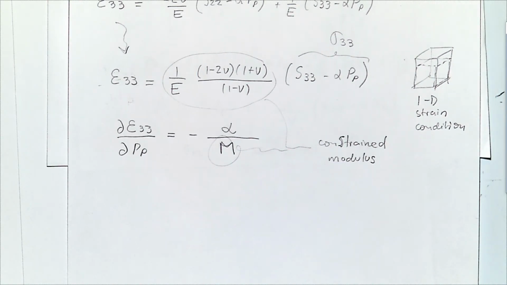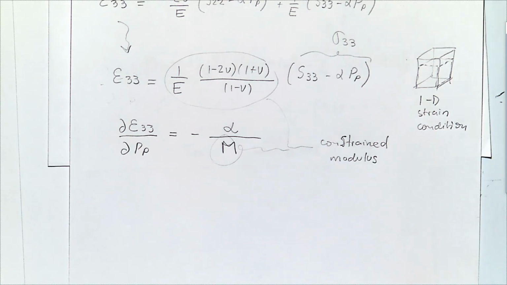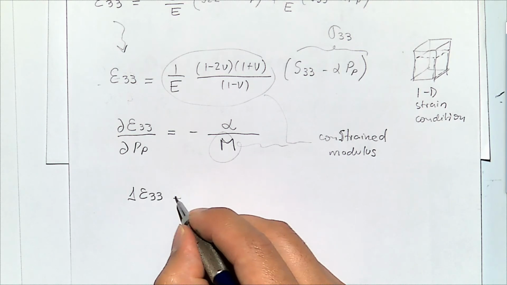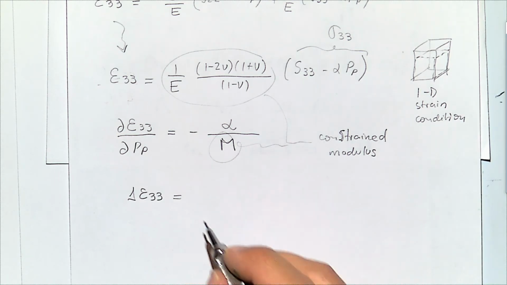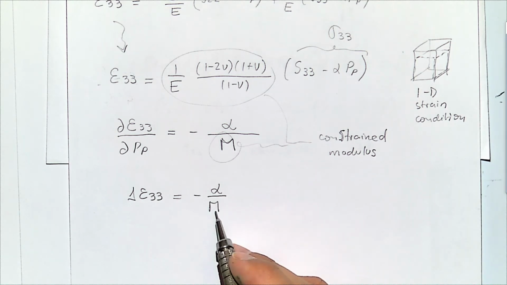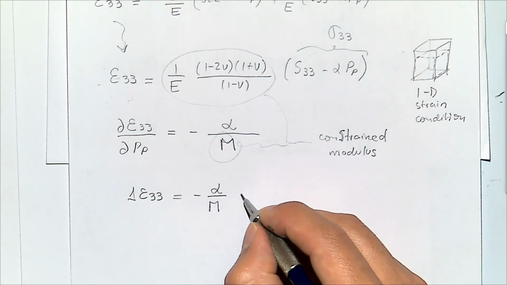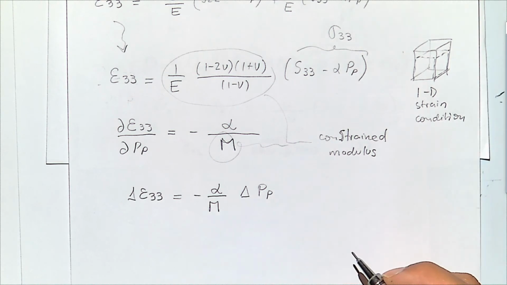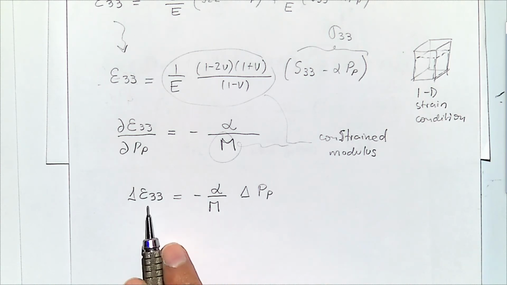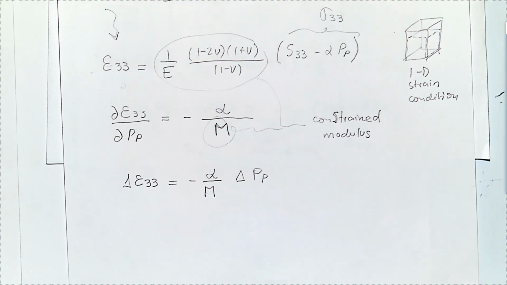And directly from this equation, what I get is that the change of strain due to a change in pore pressure is going to be proportional to the Biot coefficient, inversely proportional to the constrained modulus of the material, times the change in pore pressure. If I have a negative change in pore pressure, negative times negative is going to be positive. It's going to be a compression.